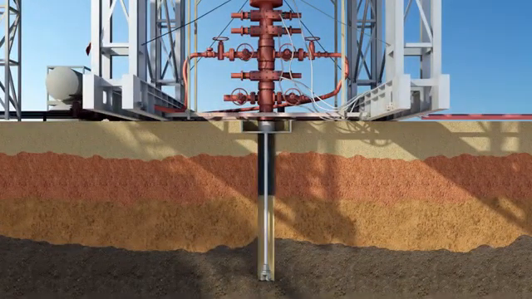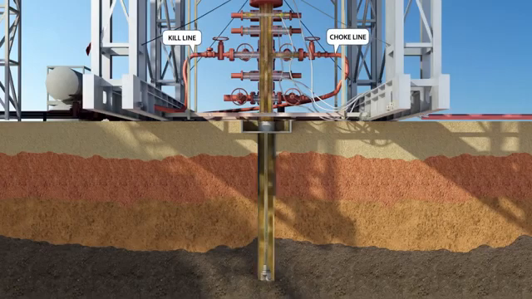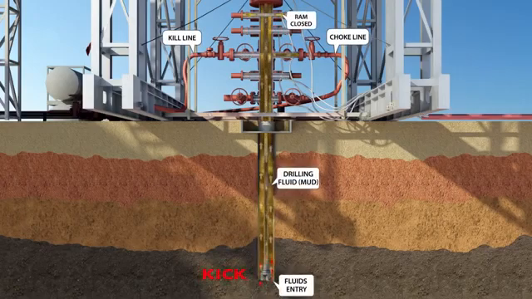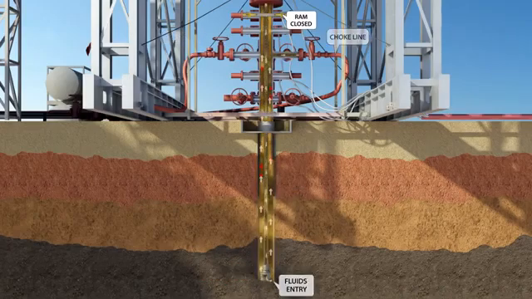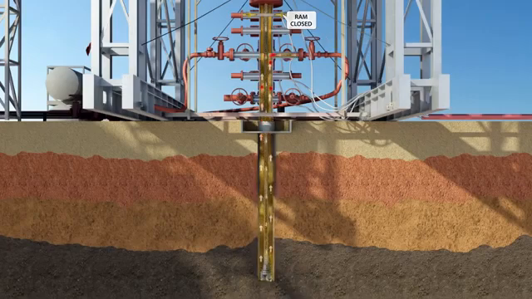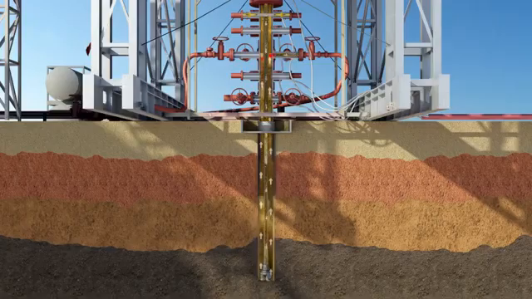The kick will be circulated out of the wellbore using the driller method first cycle, by pumping drilling fluid downstream and getting returns from the annulus through the choke line to the choke manifold and the poor boy degasser, and toxic gases will be flared. Once the kick is out, the well will be shut in.